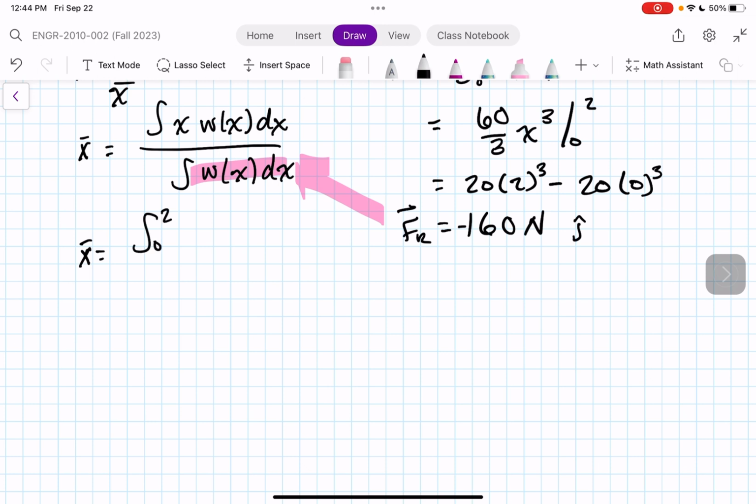So x bar is the integral from 0 to 2 of x multiplied by our function, 60 x squared dx, divided by 160, which is just the magnitude.